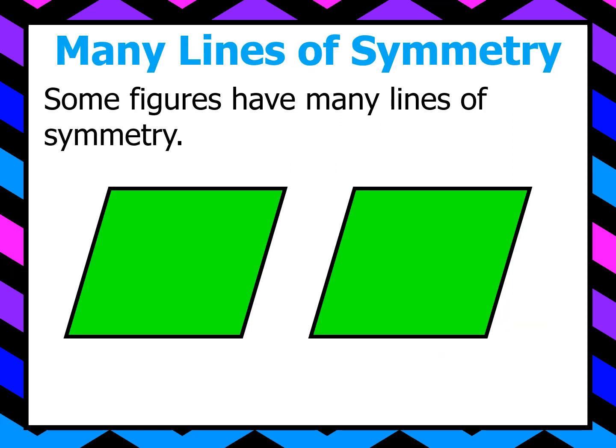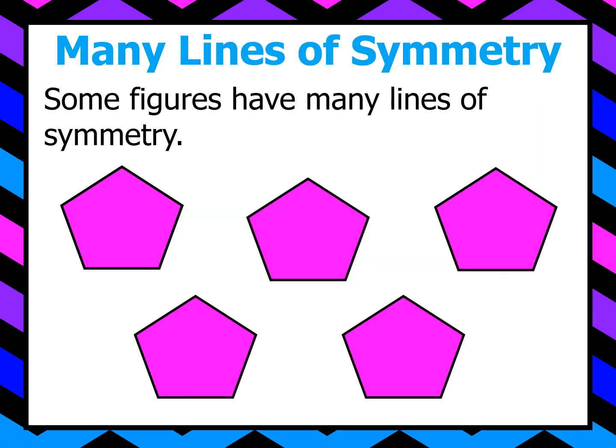Some figures have more than one line of symmetry. A rhombus, for example, has 2 lines of symmetry. It has one diagonal and another diagonal line of symmetry. So a rhombus has 2 diagonal lines of symmetry. This pentagon has 5 lines of symmetry.